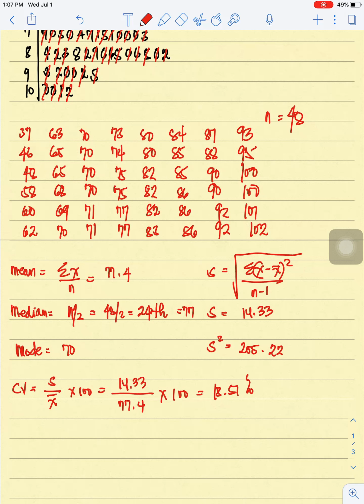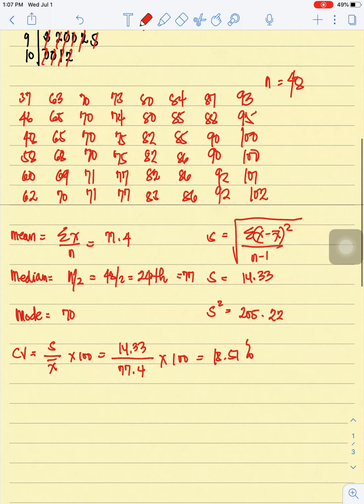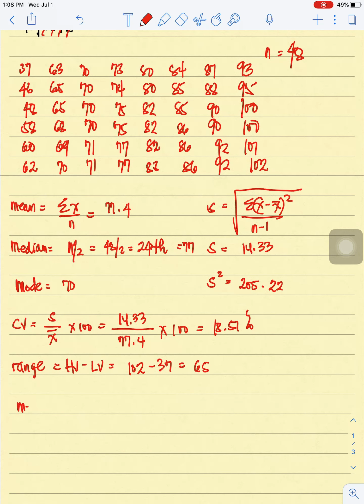Then next, I almost forgot the range. The range is the highest value minus the lowest value, that is 102 minus 37. We have a range of 65.